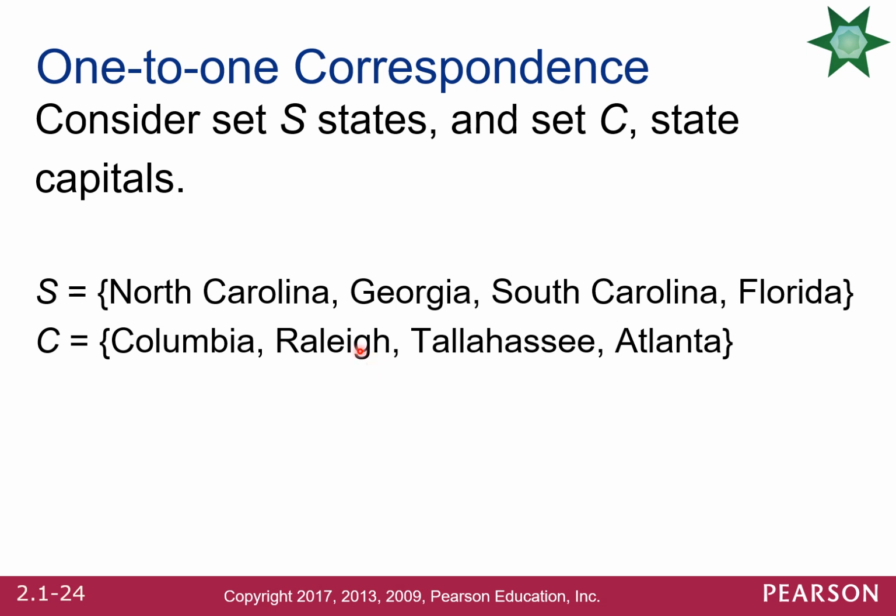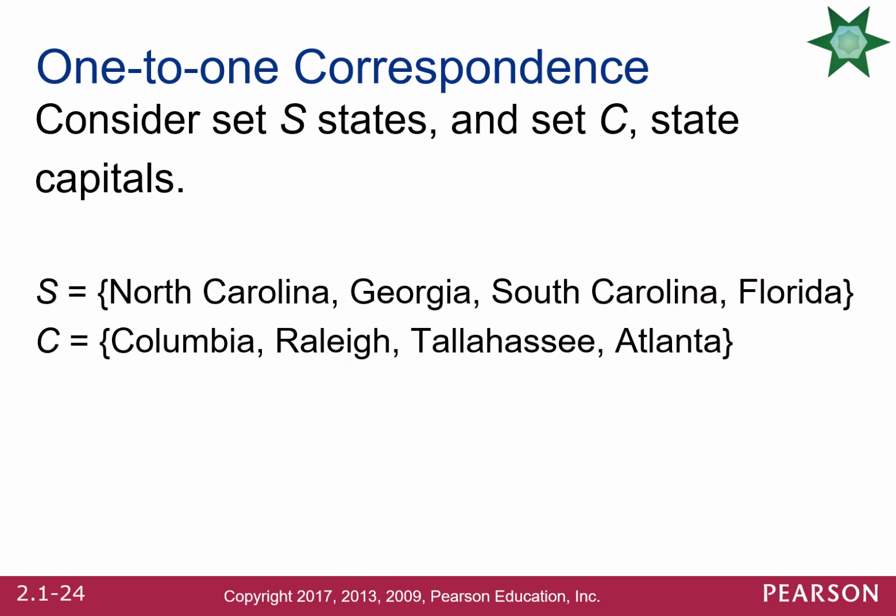Let's go the other way around. Raleigh is mapping to only one element in set S, correct? Raleigh has nothing to do with the state of Georgia, doesn't have anything to do with South Carolina or Florida as far as capitals are concerned. All right?